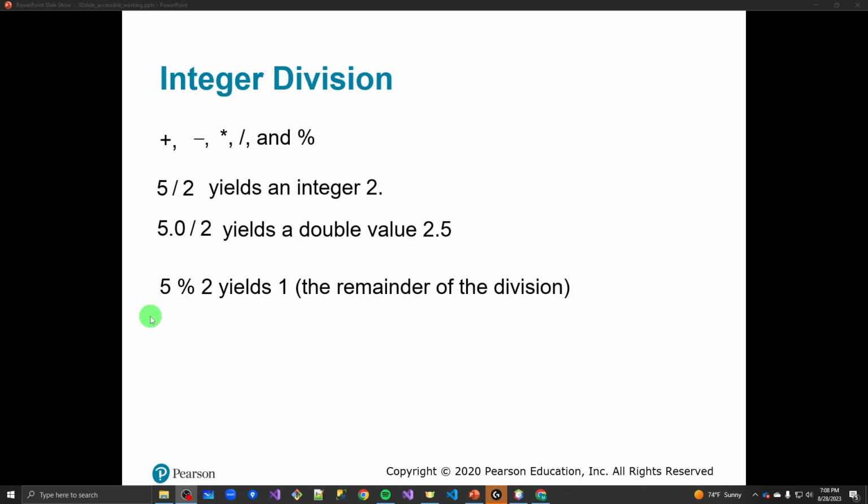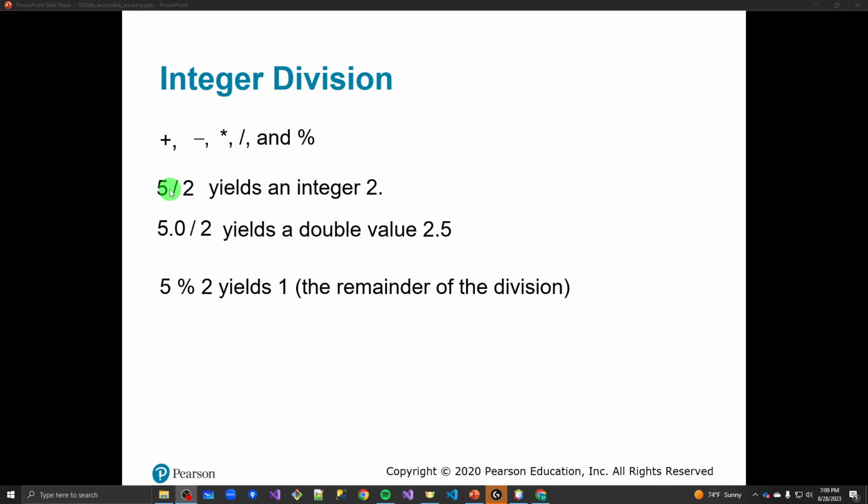Now here's something that I alluded to in last week's videos, the last chapter's videos, I should say. And that's integer division. If I'm taking two integers, 5 and 2, and I'm dividing them, you might think the answer is 2.5. But if they're integers, it is not 2.5 because 2.5 is not an integer.